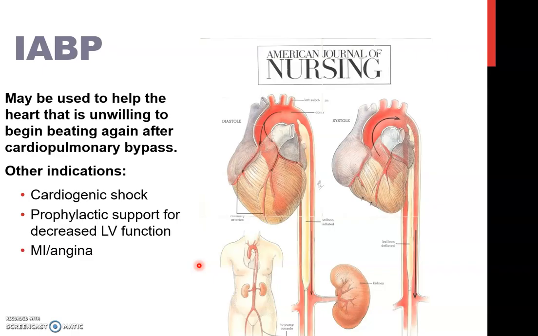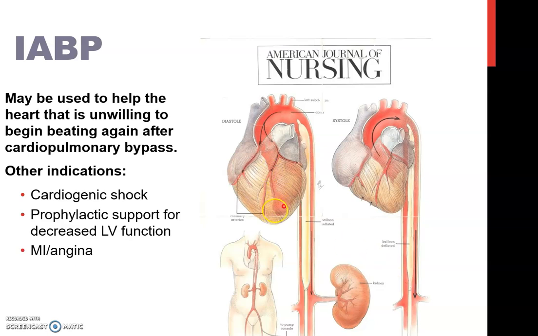What I want you to know about this is that it decreases afterload, or the workload of the heart, and it increases coronary perfusion. So how does it do that? When the ventricle is getting ready to contract, and you can see it's contracting here, the balloon deflates, almost creating a little bit of a vacuum in the aorta and allowing the ventricle to push blood out into the aorta much easier.